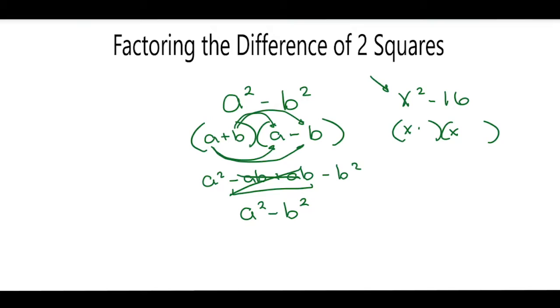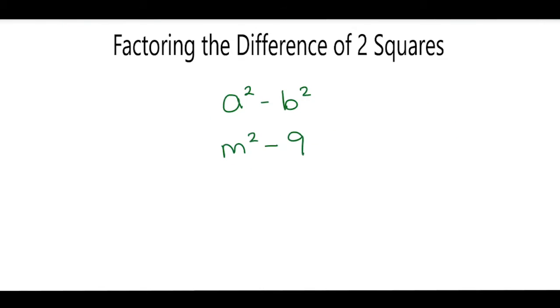And then I will put a plus and a minus. 16 is a perfect square. It is 4 squared. So that means I'm going to put a 4 here and a 4 here. So my answer to this one would be x plus 4 times x minus 4.